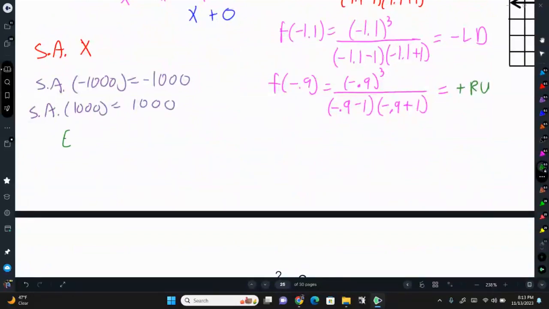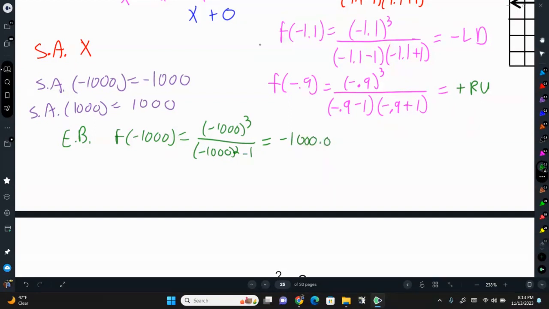So for end behavior, f of negative 1,000 is equal to negative 1,000 to the third power over negative 1,000 squared minus 1. And again, we type that in the calculator, we get negative 1,000.001, which is slightly smaller than negative 1,000, so we're going to go below.